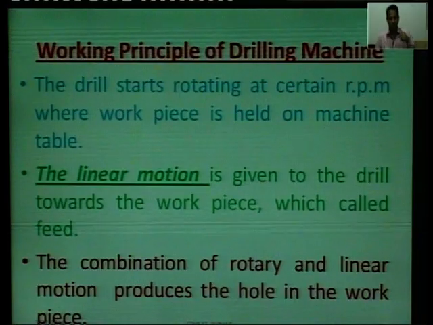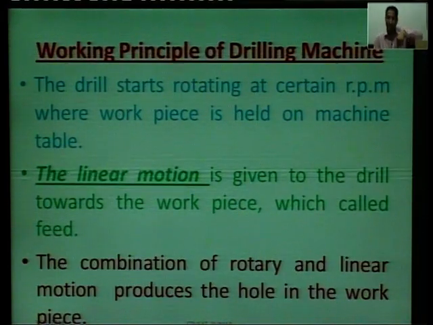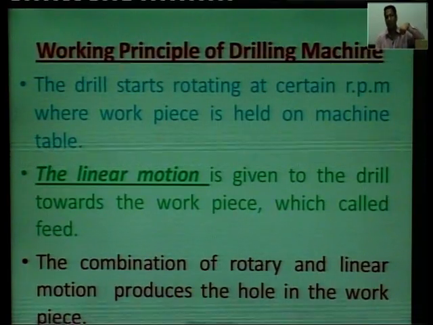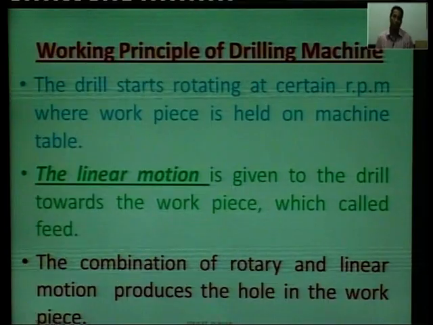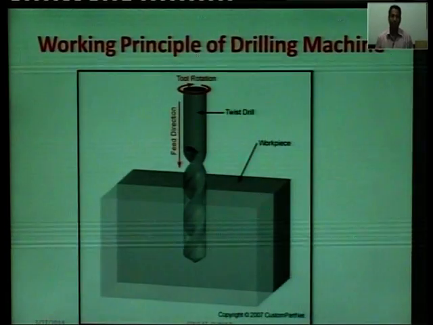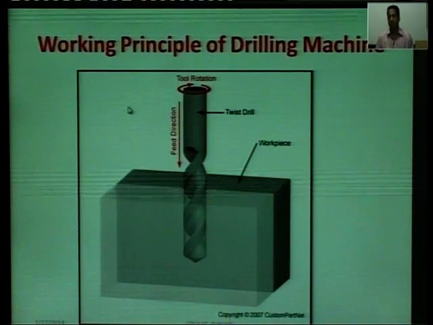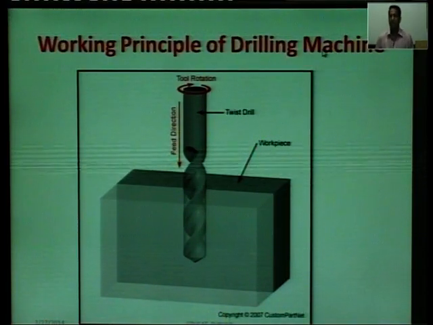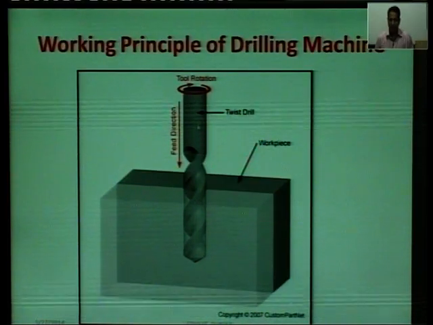The combination of this rotary motion and linear motion, the vertical downward motion as well as the rotary motion, produces a hole inside the workpiece. We all know what the drilling operation is. So this is the working principle of drilling. This is the workpiece and this is the drill.